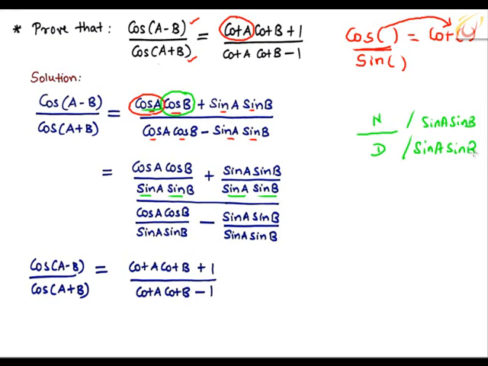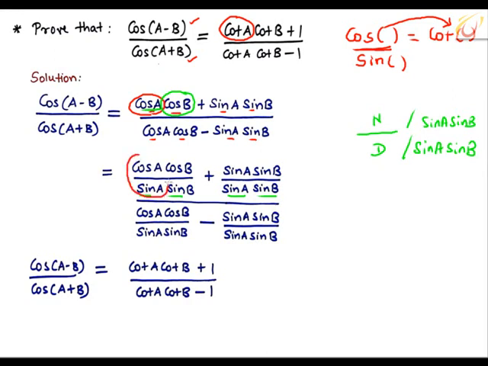So separating out the numerator, what do you get? Cos A cos B upon sin A sin B plus sin A sin B upon sin A sin B, the whole thing divided by cos A cos B upon sin A sin B minus sin A sin B upon sin A sin B. So look at this. What do we have here?